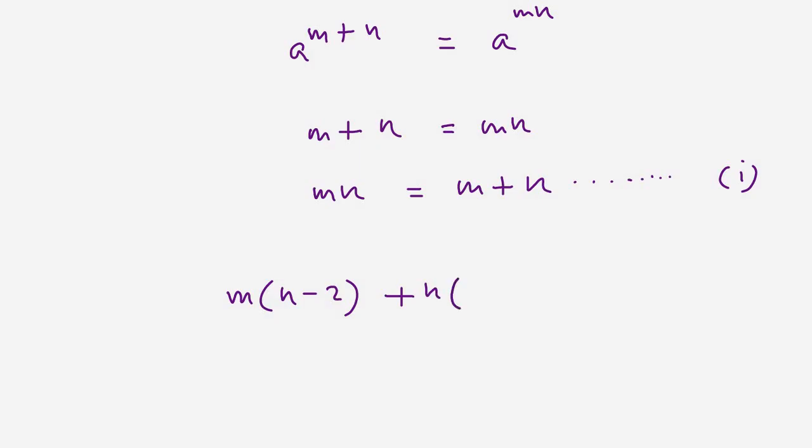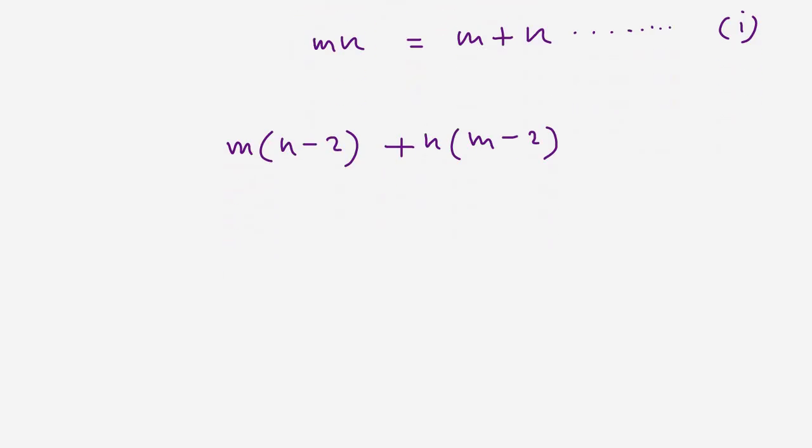So we can write this as equals m times n minus 2m plus m times n minus 2n.